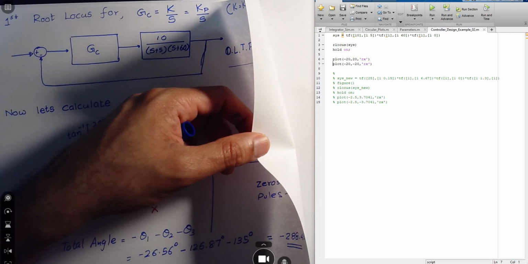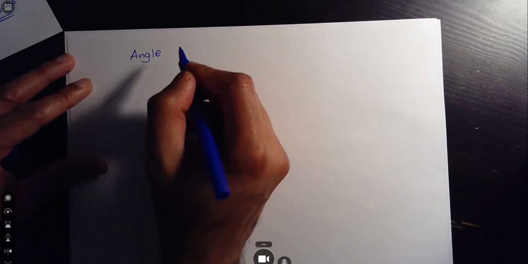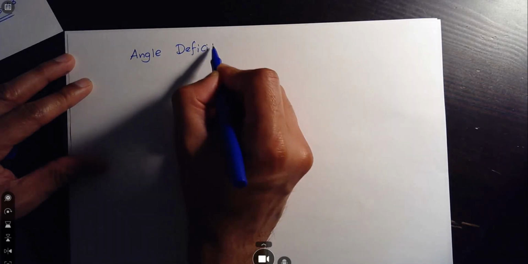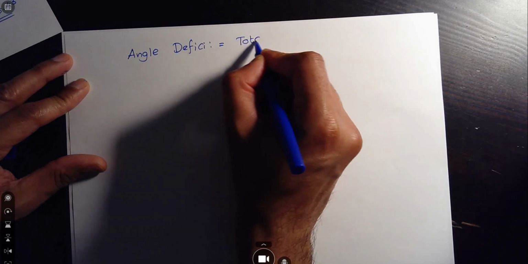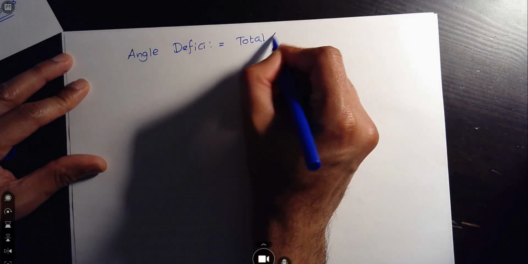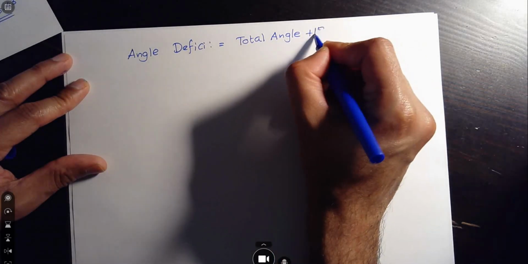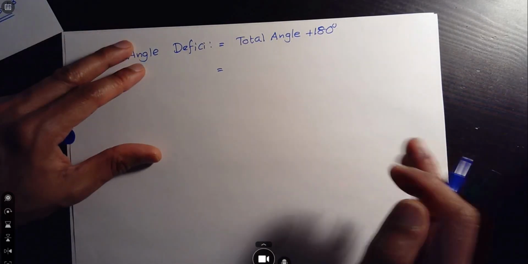We call that angle deficiency. Angle deficiency is nothing but the total angle plus 180 degrees, because that's where we want to be, at 180 degrees.